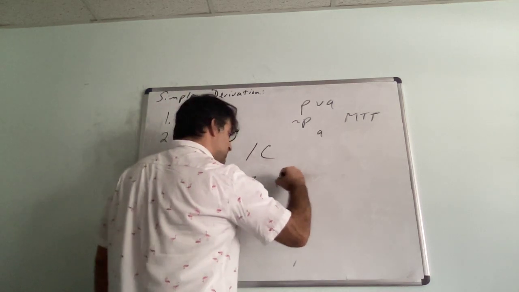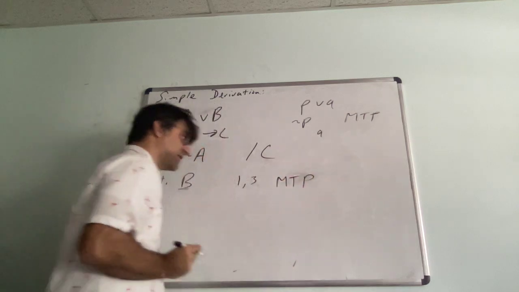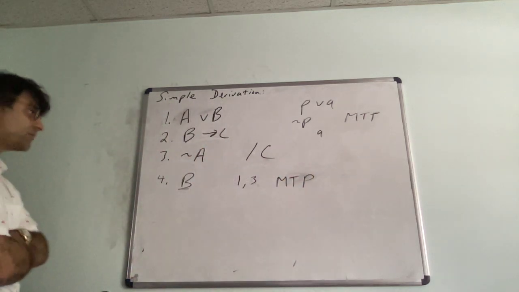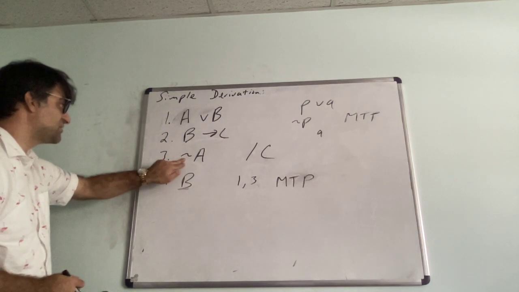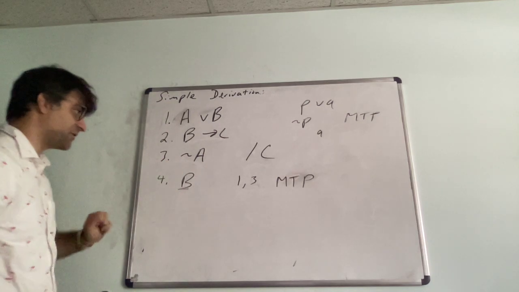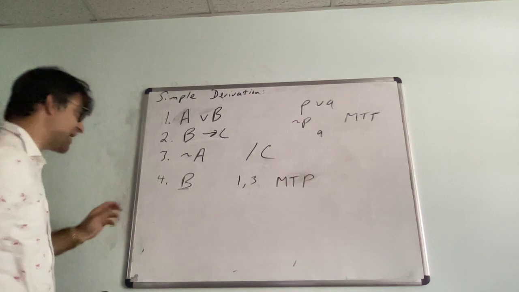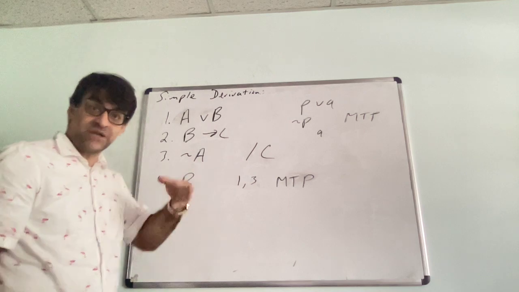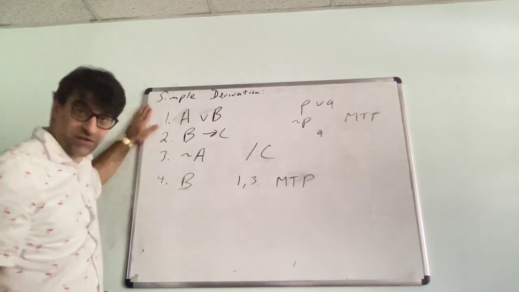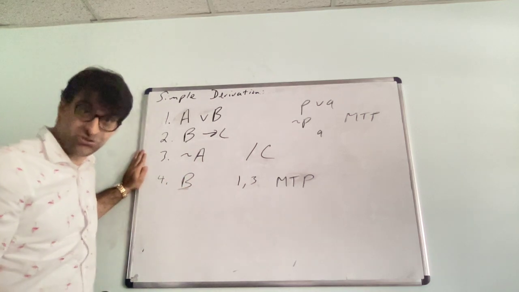How do I know? Because it follows the MTP valid pattern. When you have a disjunction and half of it is false, it follows that the other half is true. So now B is something logically implied by these premises, which means I can appeal to it, as well as the initial three premises, to draw further inferences.